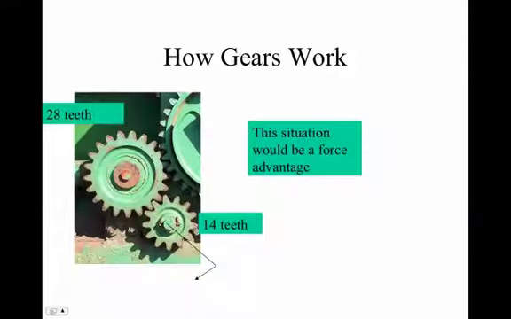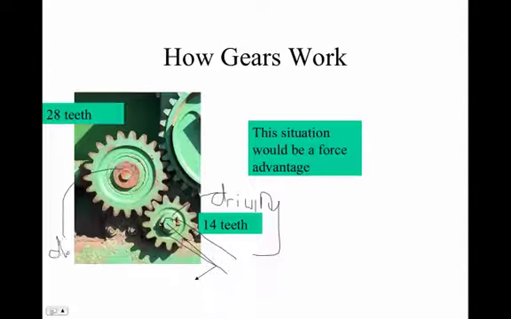Okay, let's change our motor and let's put a belt and a motor on the small gear, which means now this one is the driving gear. It gets the original force. And this one is the driven gear, or the follower. What will happen now?